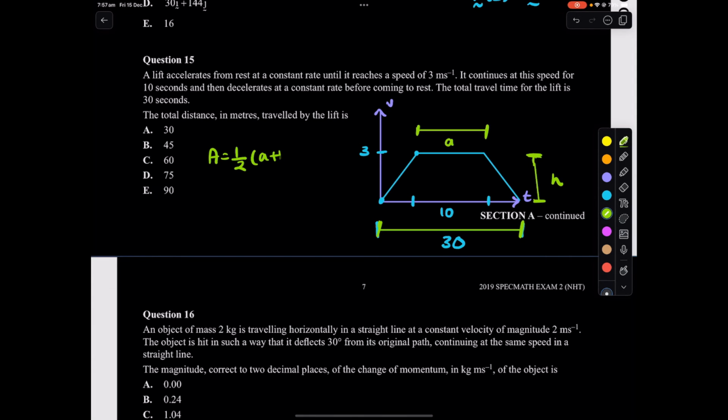So it's going to be half times A plus B times your height. Your A is just 10, because we know that's 10 seconds, plus B, which is 30, which is the length of this, times your height, which is 3. 20 times 3, 60. So overall, that's going to be 60 meters traveled.